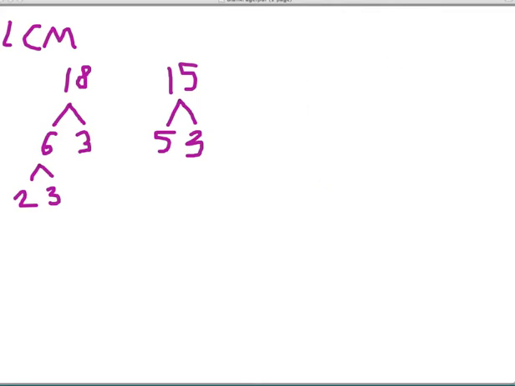The least common multiple is the product of the prime factors while removing the duplicates. So we want to multiply the prime factors together while removing any of the duplicates so we don't end up with a number that's bigger than we need.